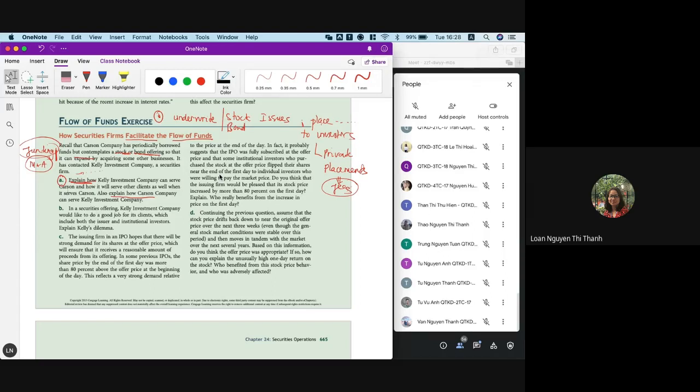So Carson pays Kelly fee for any services offered. And you know that the Carson specializes on the core business. They are unable to undertake or perform these specialized services, okay, such as the investment banking services. That's all. Everyone clear about that?